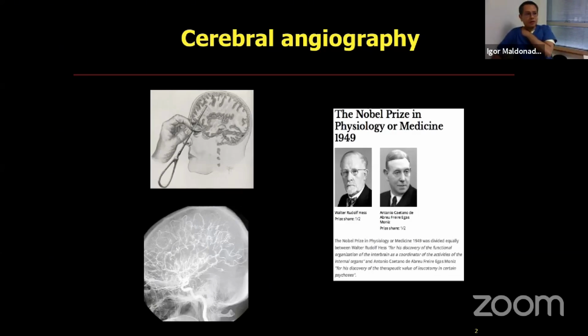He shared a Nobel Prize for the development of the frontal leucotomy. As you see here, it was one of the most controversial Nobel Prizes ever awarded. Of course, he could have won the prize years before because of his contributions in detecting intracranial pathologies using cerebral angiography.